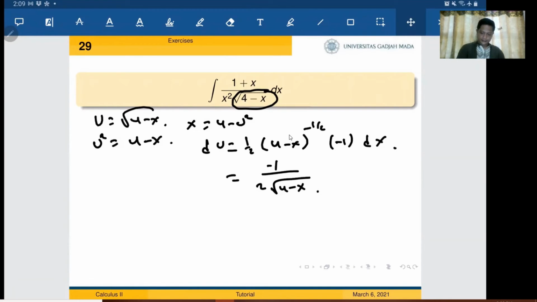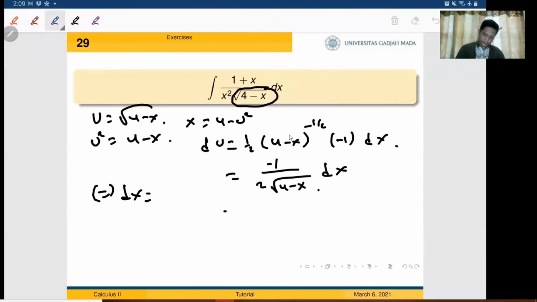Okay. And the dx, but again, I don't want x here. So I should change into u. Okay, so I have my dx, this one is u, right? I should change to blue color. This one is u.